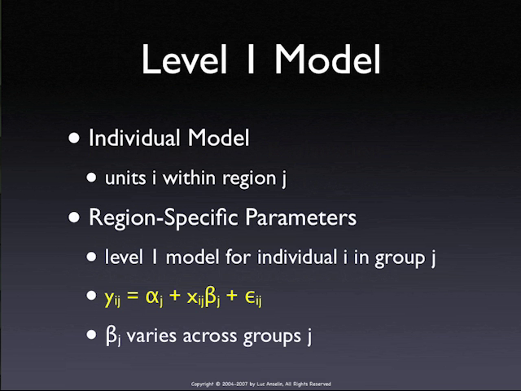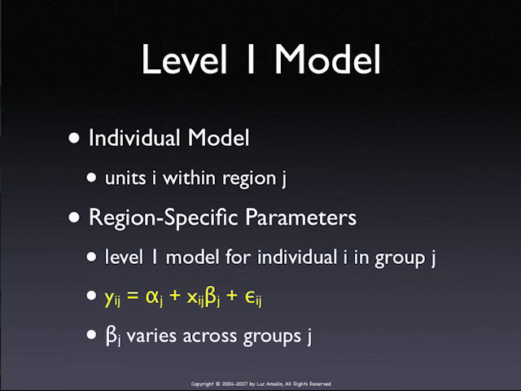Let's just think of units i, say counties, within a region j, say a state. Each region, each state, we allow it to have a different parameter. This is just like the regimes. Our model is not at that level. The model is at the individual level.